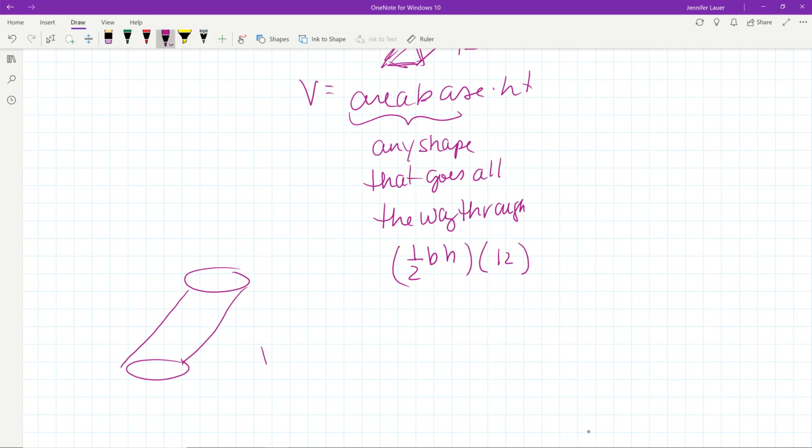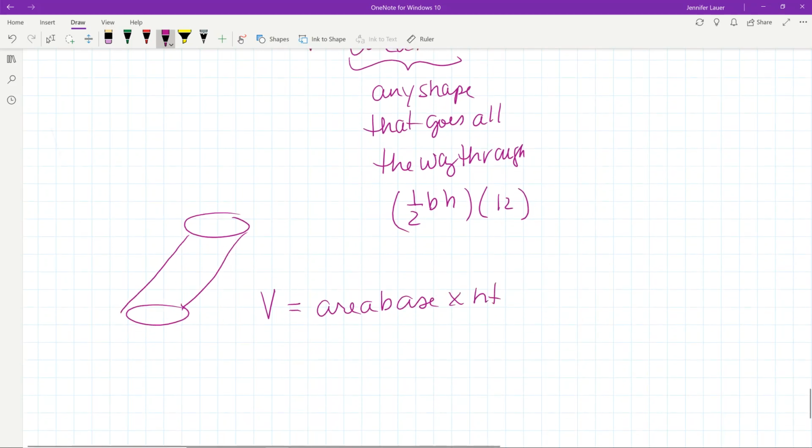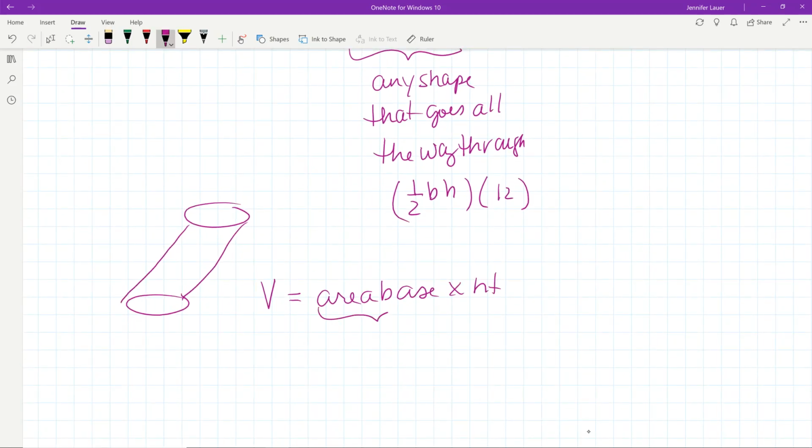It says the volume of the circular cylinder, I'm going to go ahead and write this down, is 250. Now, the area of this base you can see is a circle, so I'm going to put that in, times height. The radius they give is 5, and they don't know the height. So this one's a good one because it is a little bit different. It says the volume of the circular cylinder is 250 pi.